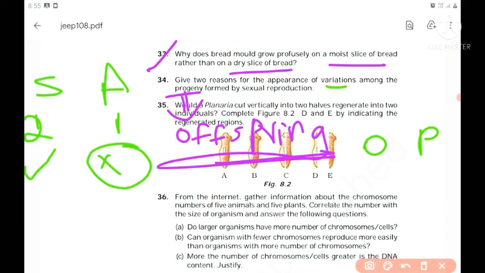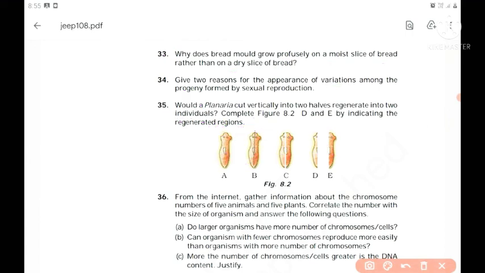First thing, two parents have different sets of characters. Second, gene combinations are different in each generation or each gamete. Next, gametes are contributed by two individuals of the same species. First thing, see, I'll explain to you.